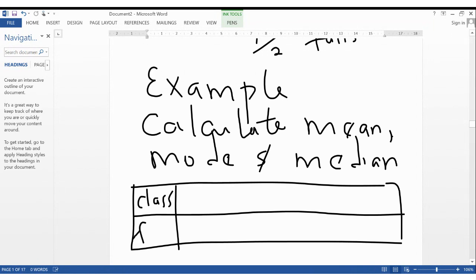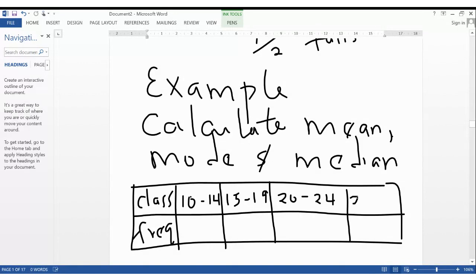You can have a class from 10 to 14, 15 to 19, and then 20 to 24, and finally 25 to 29.